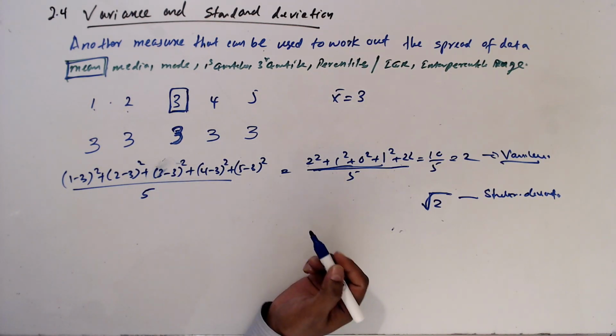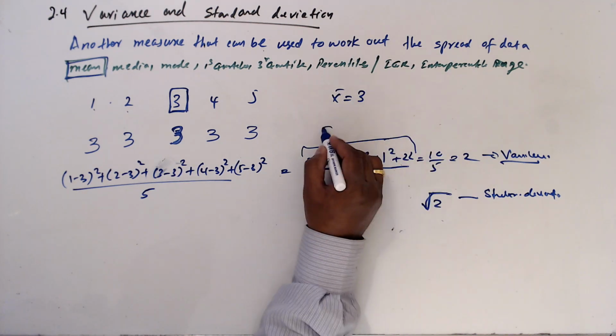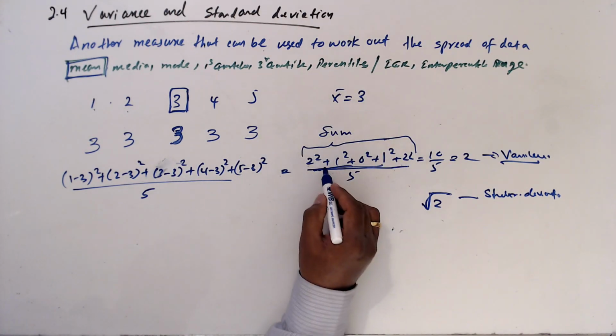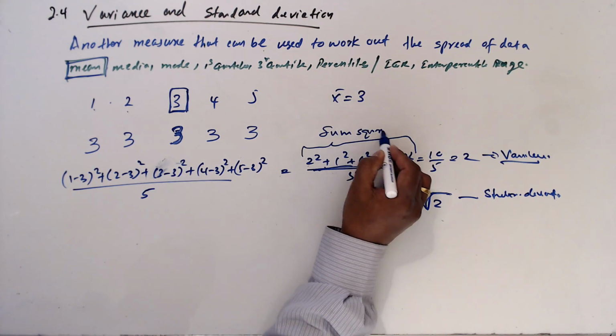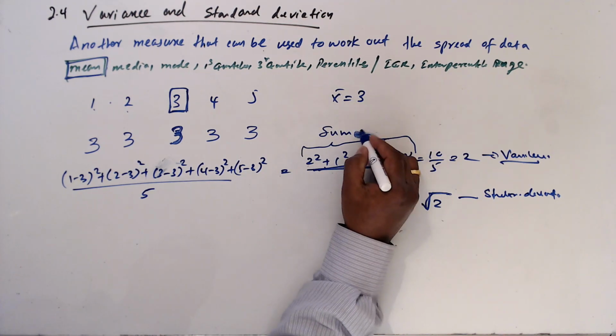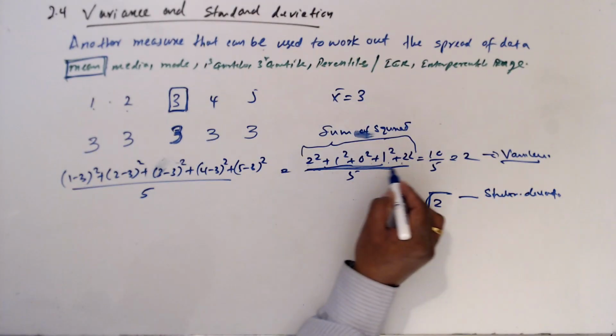So this part usually we refer to as, sum of what? Sum of squares. Only the top part.